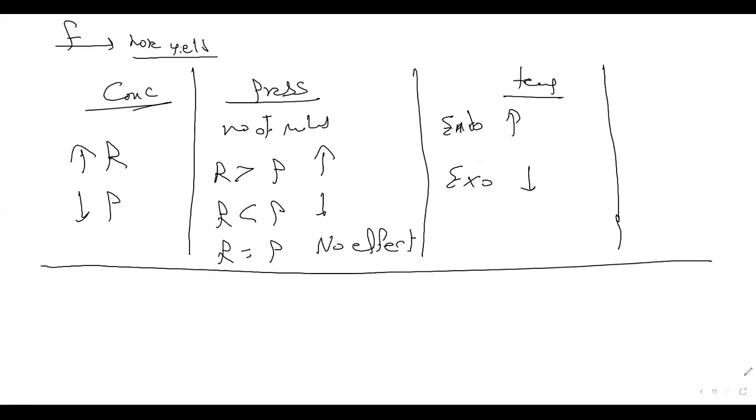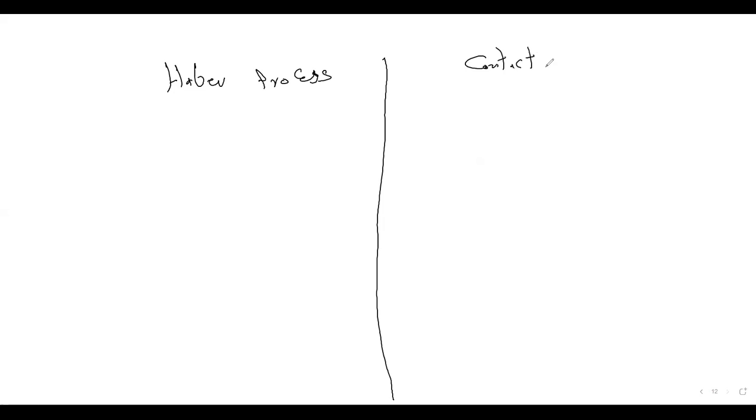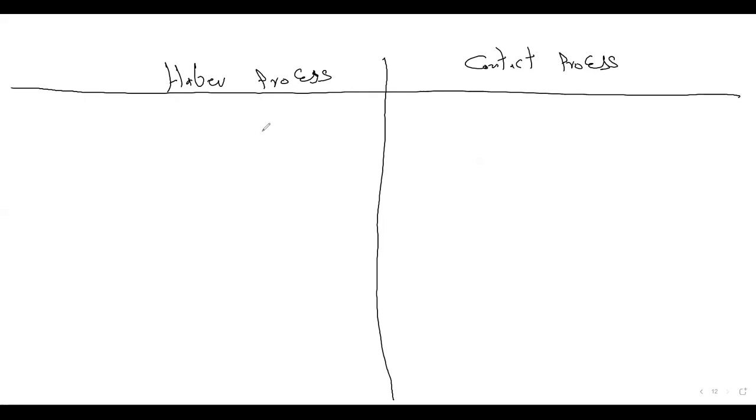Applications for rate and equilibrium: the Haber process and the contact process. The Haber process is the preparation of ammonia, N2 plus 3H2 gives 2NH3.